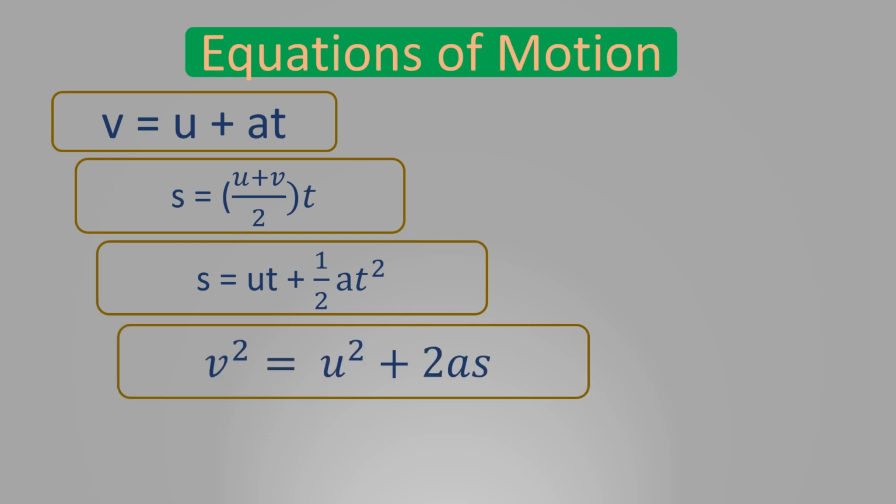Now the final equation is v squared equals u squared plus 2 a times displacement. v is the final velocity, a is the acceleration, and s is the distance traveled by an object. If no time is given, then we use this type of equation, and with the help of these four equations, we solve many kinds of problems.